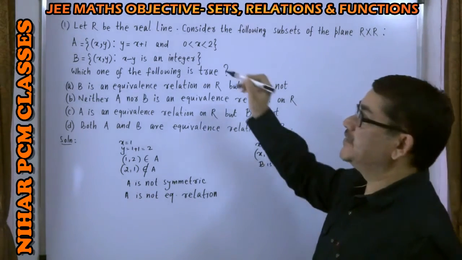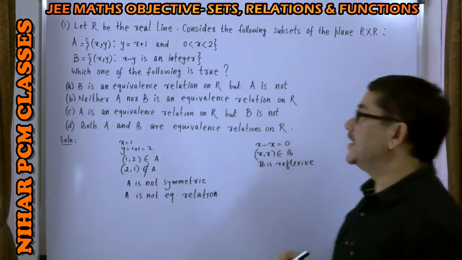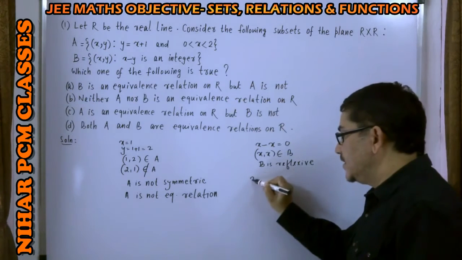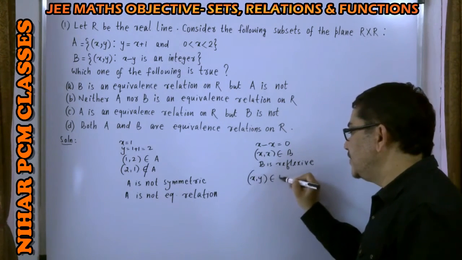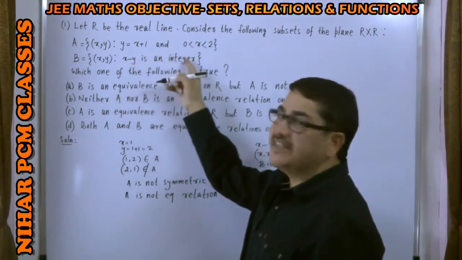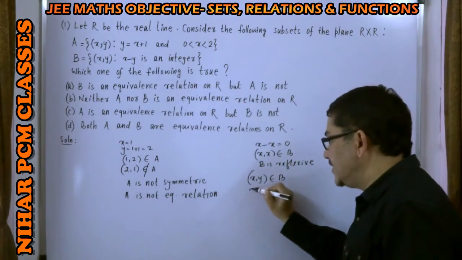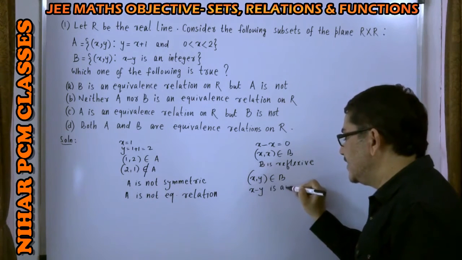Now let's test for symmetry of B. Suppose (x, y) belongs to B. What does it mean? x minus y is an integer.